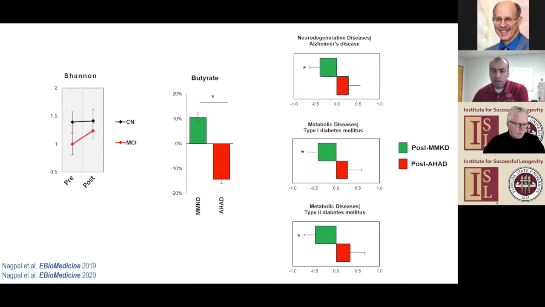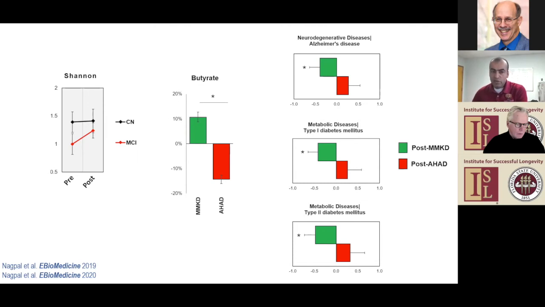It was not seen in control subjects, because control subjects already had a high, homeostatic, balanced microbiome diversity, whereas the MCI subjects had a reduced diversity, which was being recovered by the dietary intervention. In addition, the modified Mediterranean ketogenic diet increased the butyrate levels in these patients, but not the American Heart Association diet.